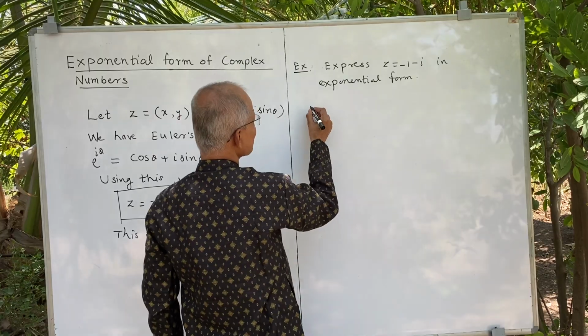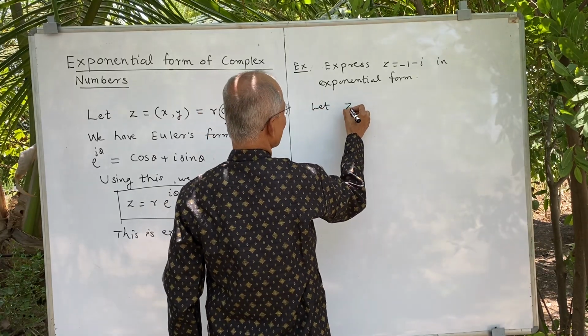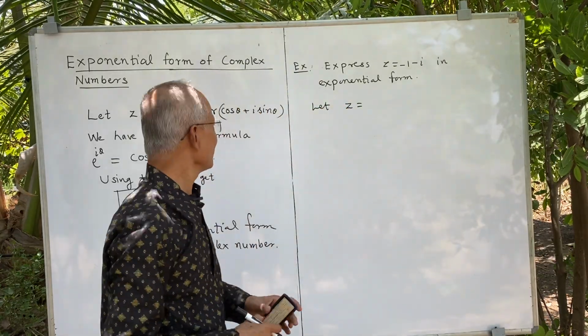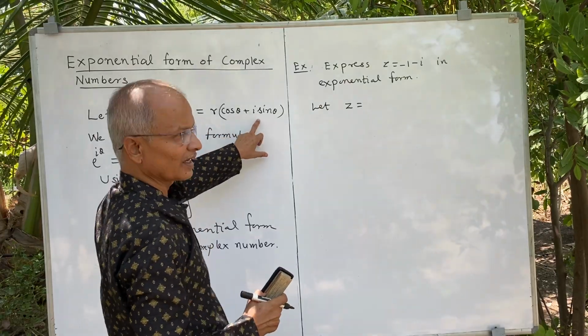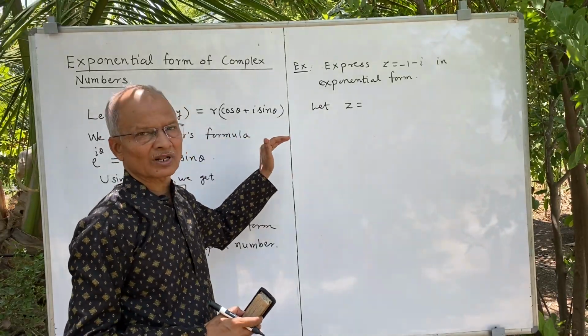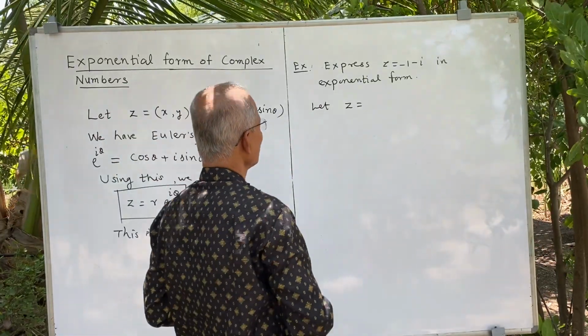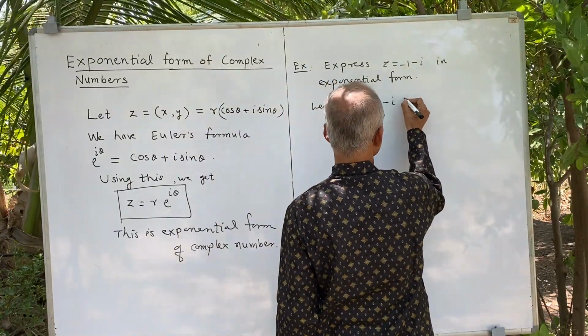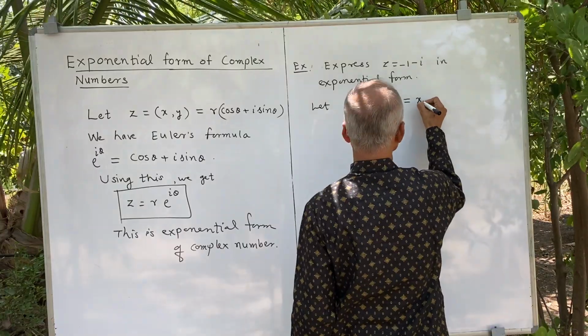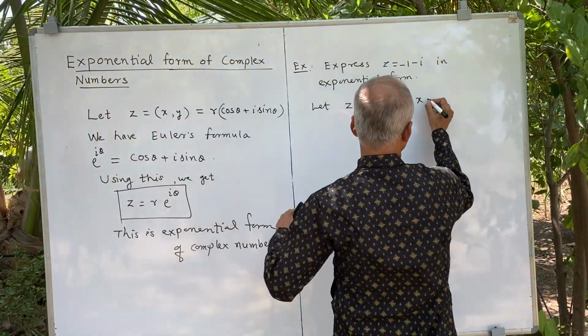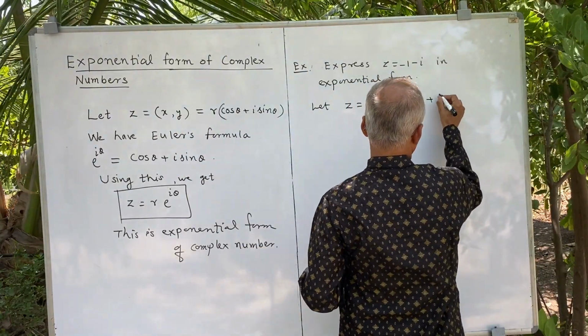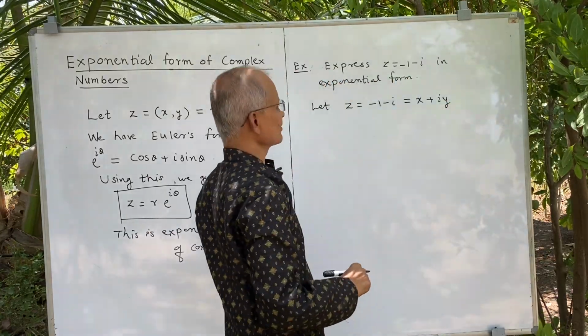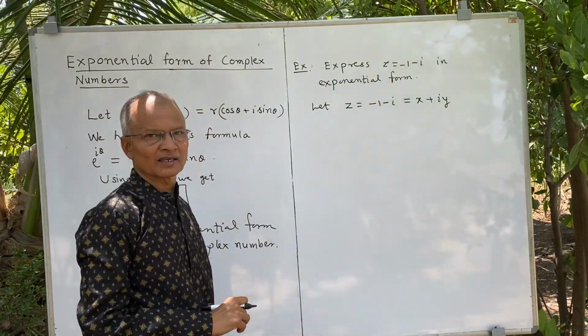For this purpose, we first have to consider z in terms of r, cos theta and sin theta, and we need to find r and theta. So, let z is equal to minus 1 minus i, first in rectangular coordinates x and y, so this is x plus i y.